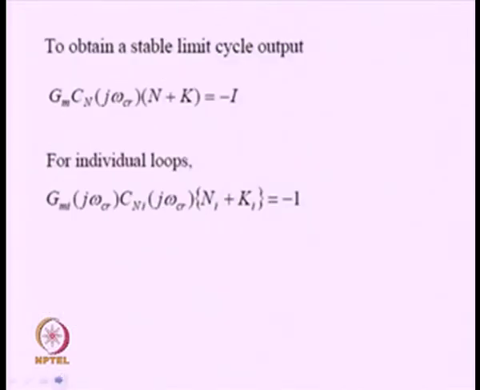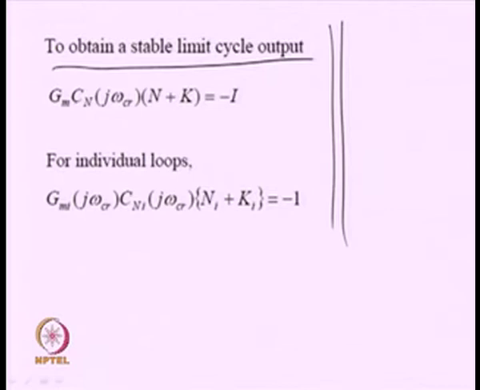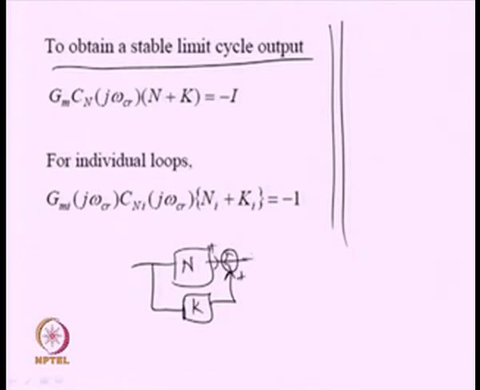Now, let us go to a little bit of analysis. To obtain a stable limit cycle output, definitely the loop characteristic equation is to be taken care of. From the loop characteristic equation, I can get Gm Cn(j omega CR) times (N plus K) is equal to minus I. How are we getting that analytical expression? I have N here in parallel with the K, and I have Cn here, and I have Gm.